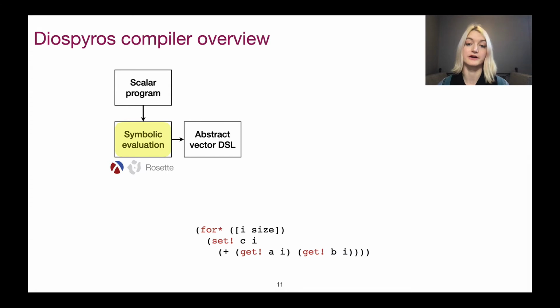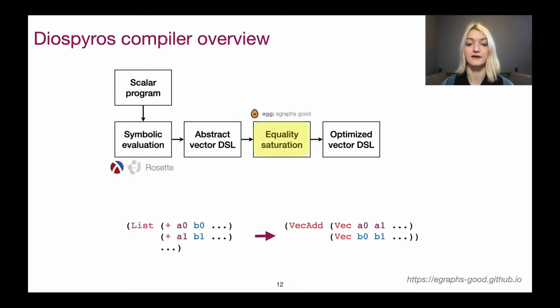Here's an overview of how it works. We start with scalar programs written in a DSL embedded in Racket, and then we use the Rosette engine, which provides synthesis and verification tooling to Racket in order to get programs in this abstract vector DSL.